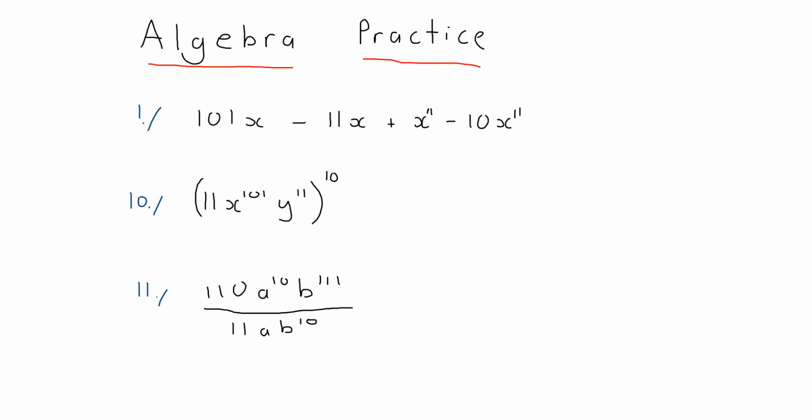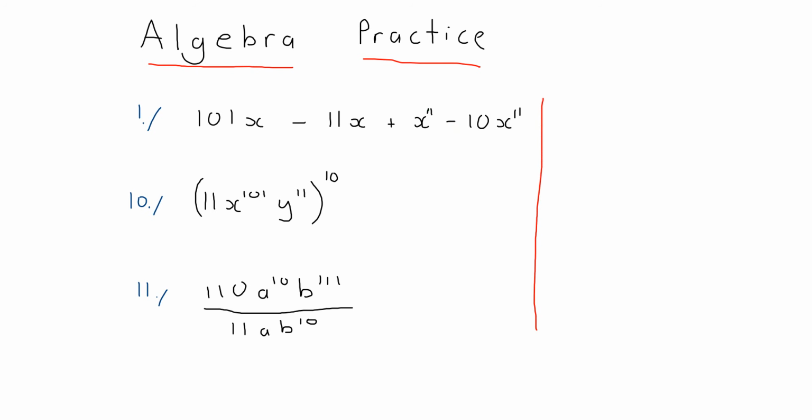So here we go. I've got 5x, and question 1 of course is 5x minus 3x plus, and this is going to be 3x cubed minus 2x cubed. So let's see if we can work out what this is. I'll just do a little column over here for my answers.